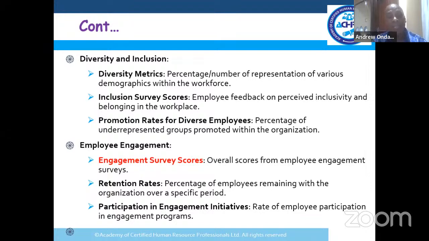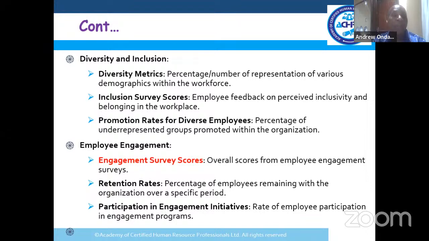Another strategic aspect is employee engagement. And as I've indicated there, we need to conduct engagement surveys where we are going to establish the level to which employees identify with and belong to the organization. So if the level of engagement is low, then our strategies are not achieving their objectives.